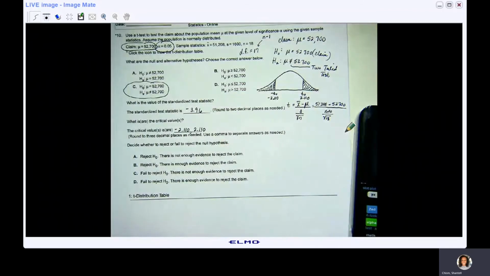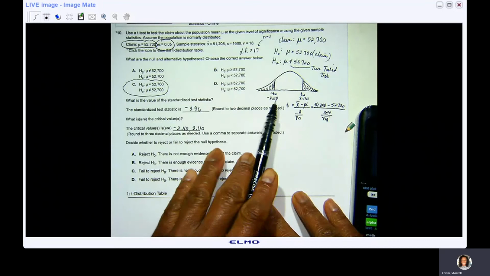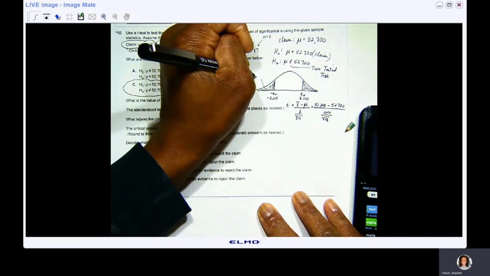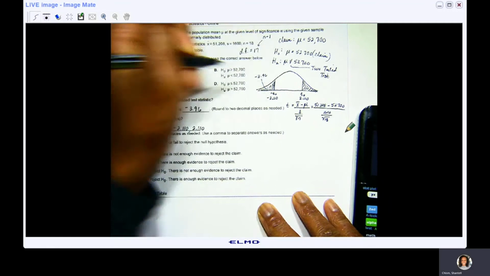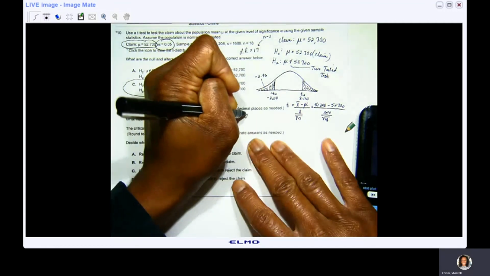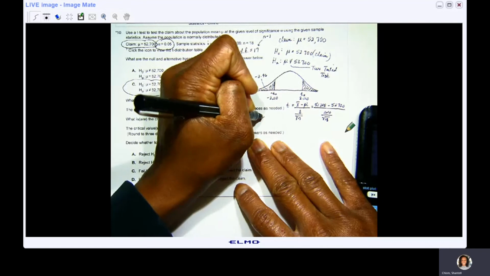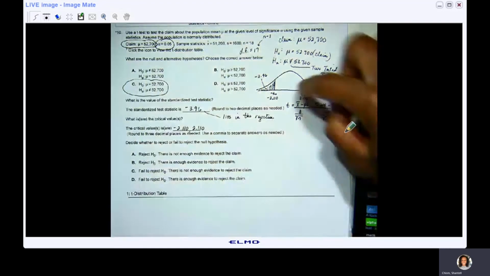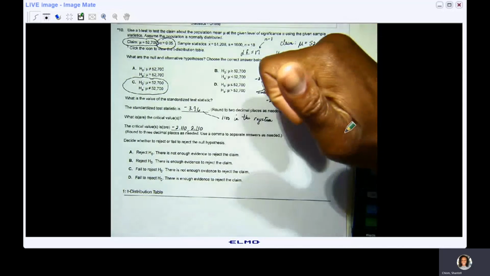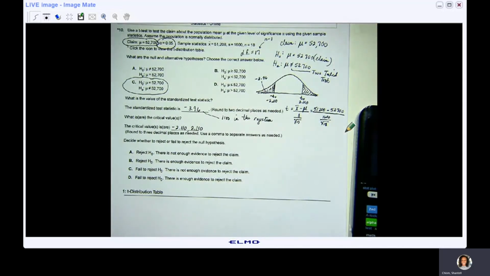Negative 3.96, that is smaller than negative 2.11. So it lies here somewhere. It lies in the rejection region. Technically, it lies in this particular region, but both of those are rejection regions. So if it lies in either of those, then you will reject H naught.